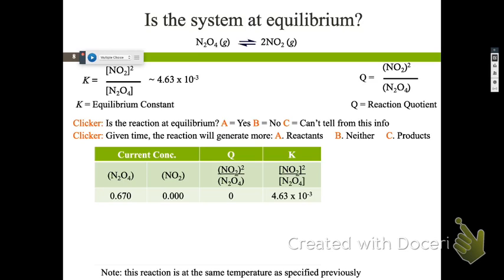All right, let's go through the rest of these. Second one on your table. What do you guys think about this one? Go ahead and click in your response. Is it at equilibrium? Yes or no?